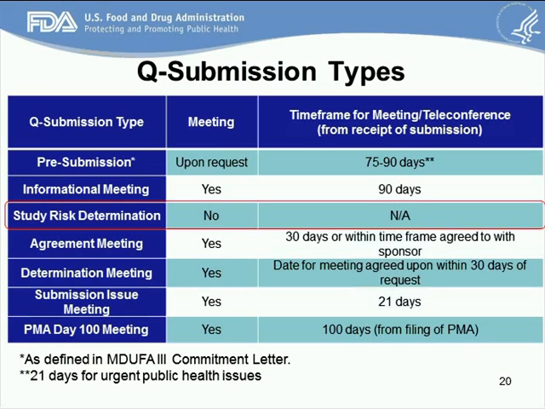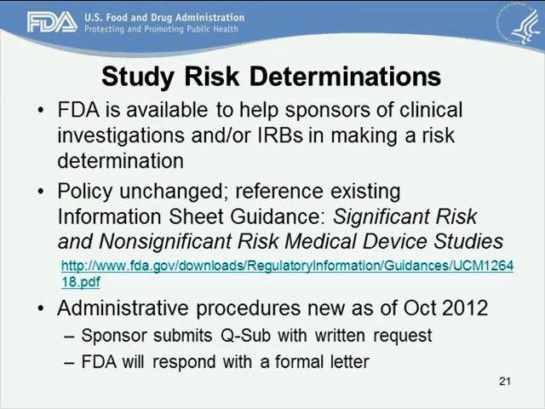The next type of Q submission is a study risk determination request. So FDA is available to help sponsors of clinical investigations and/or IRBs in making a risk determination. You are not required to come to us for a risk determination, but we are here and willing to provide this if this is something that you request. The policy here has remained unchanged.